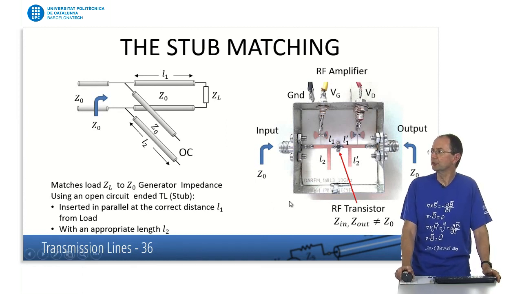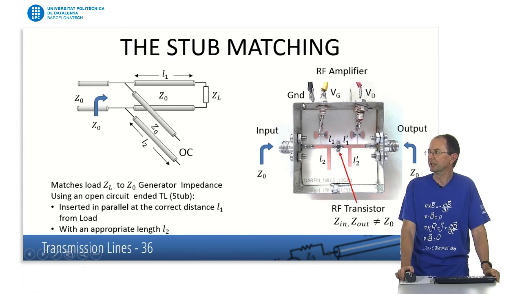You see here an example of application of this stub matching, in this case with microstrip lines. What you have here is just a single transistor RF amplifier, or microwave amplifier, in this case at 10 gigahertz frequency. You have here the input and output ports. These ports are connected to a transmission line here, which is just a microstrip circuit.